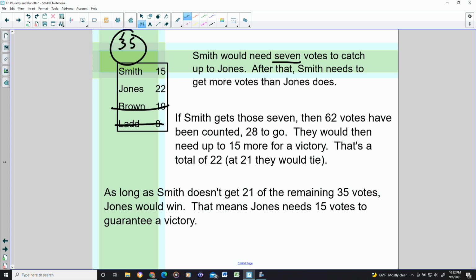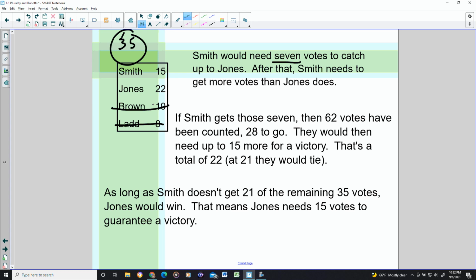So again, we're assuming at the moment, worst case scenario, no votes go to Brown and Ladd. If votes start going to Brown and to Ladd, then that's going to make Jones' path to victory much easier. Okay.